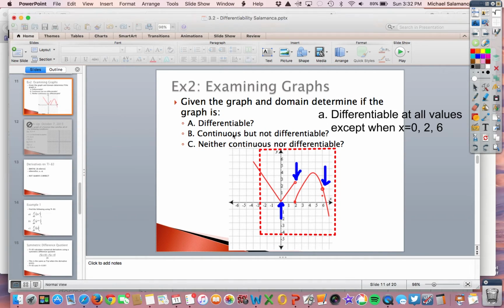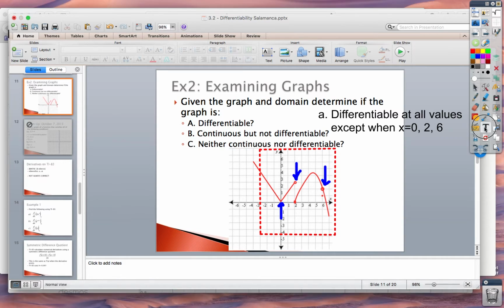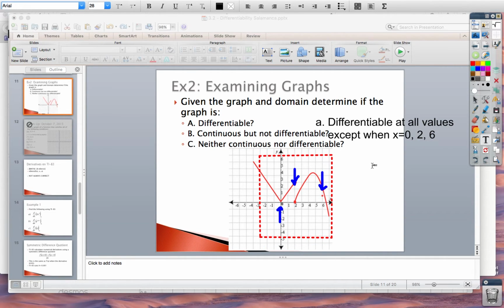Now, let's look at part B. Part B states which parts are continuous but not differentiable. So, for part B, it's basically all values except, actually let's see about the all values.